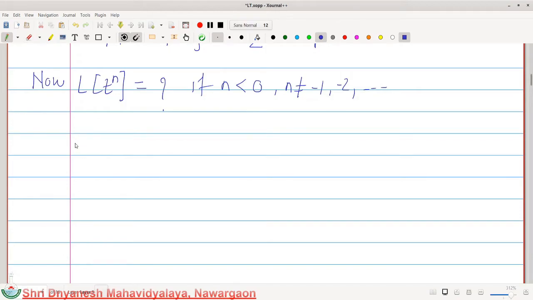Again we will recall the definition of the Laplace transform here.